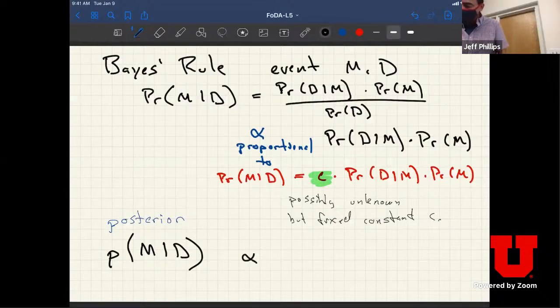And this will be proportional to, and now we're going to use f. This is a PDF. This is the f of D given M. This is the likelihood.